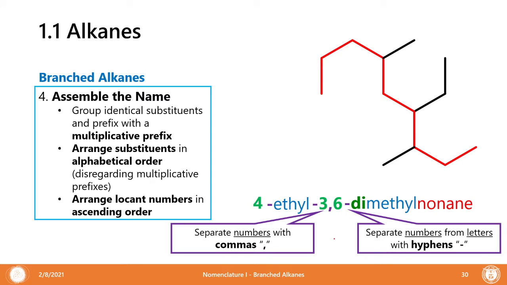Once the multiplicative prefix is added and we've arranged the numbers, we then connect the names together by using commas and hyphens. We use hyphens to separate numbers from letters, and we separate numbers between each other using commas. So the final name of this compound is 4-ethyl-3,6-dimethylnonane.